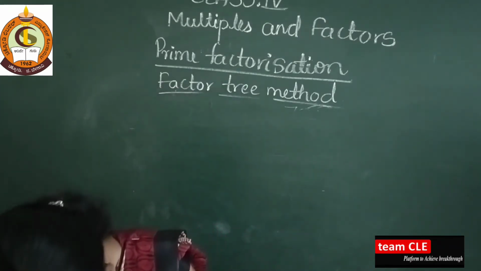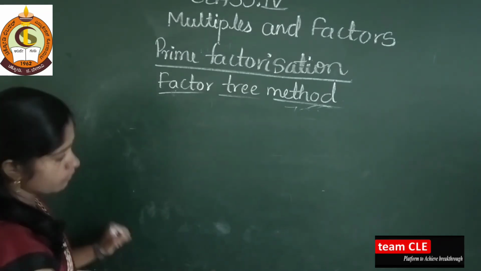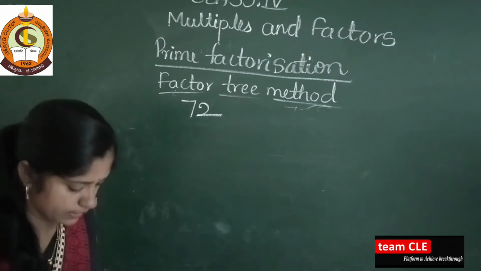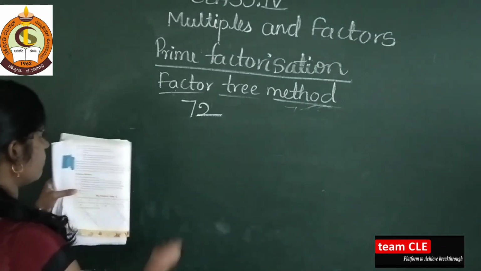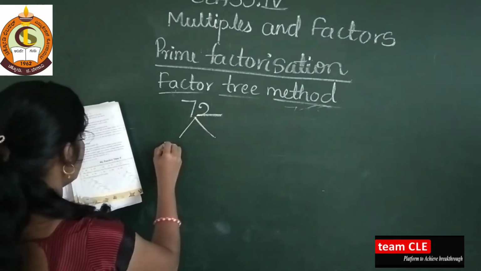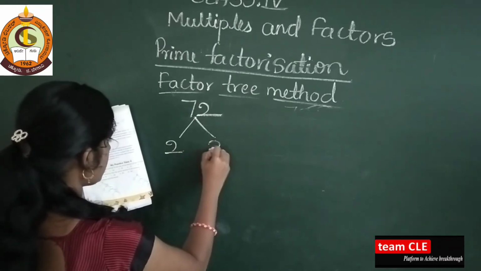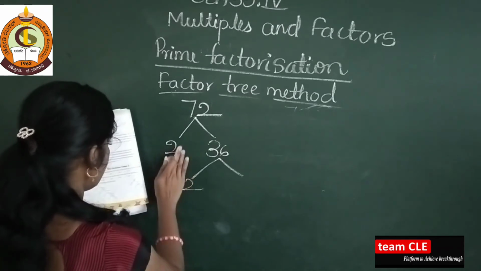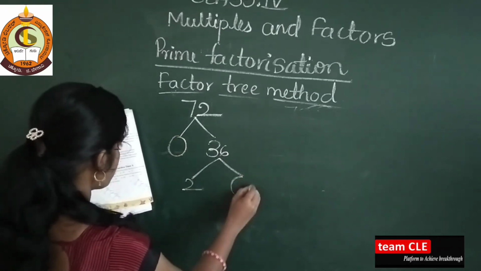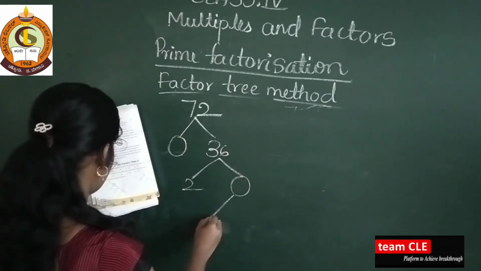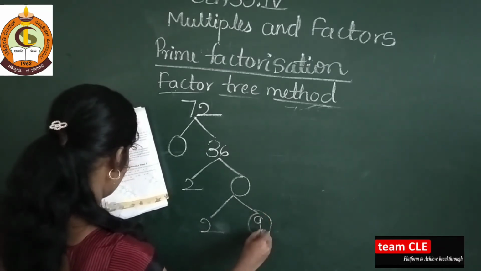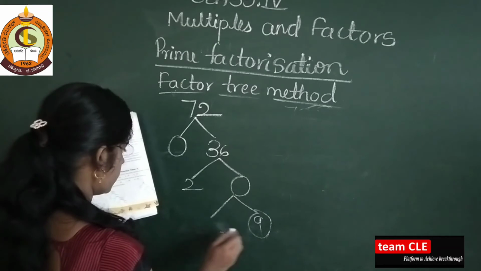Okay, see here, one more method is there. See what is there, they have given like this 72, and here fill in the circles and the boxes. Like this it is there, 2 36. Next here 2, and here a box is there, here also a box is there. Next here 2, and here a box is there. 9 is there, and here there is no digit.